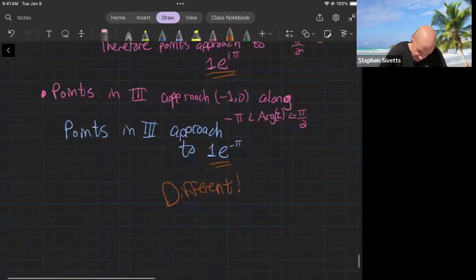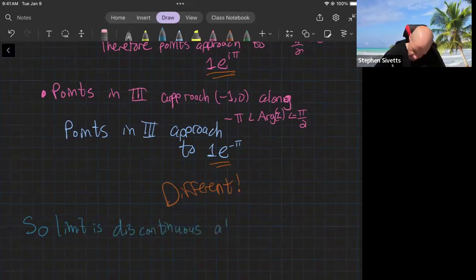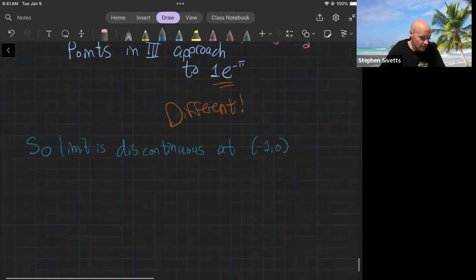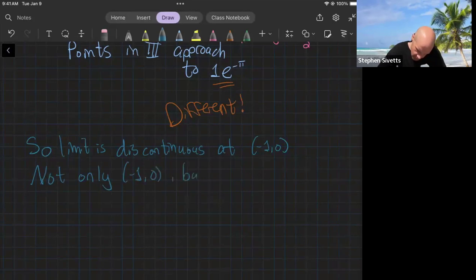So the function is discontinuous at the point -1, 0, right? But not only that point, but points on the negative real axis.